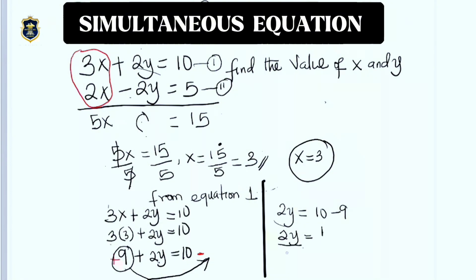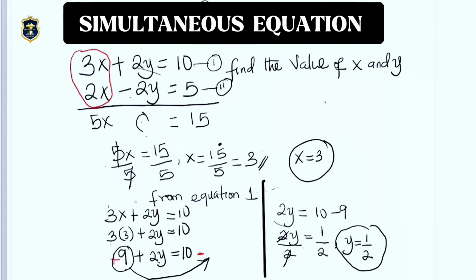So we divide both sides by 2, and our y becomes 1 over 2. That's the value for y.